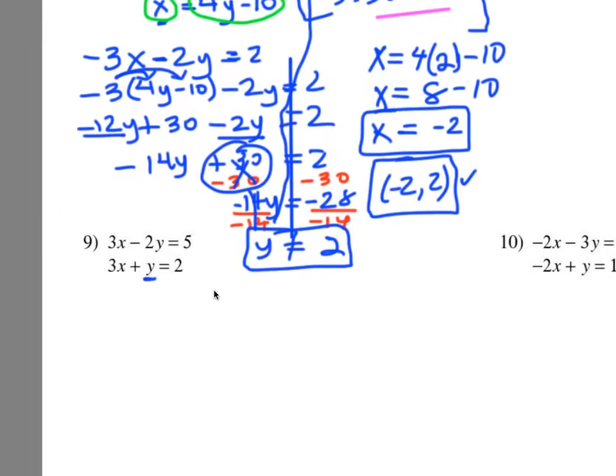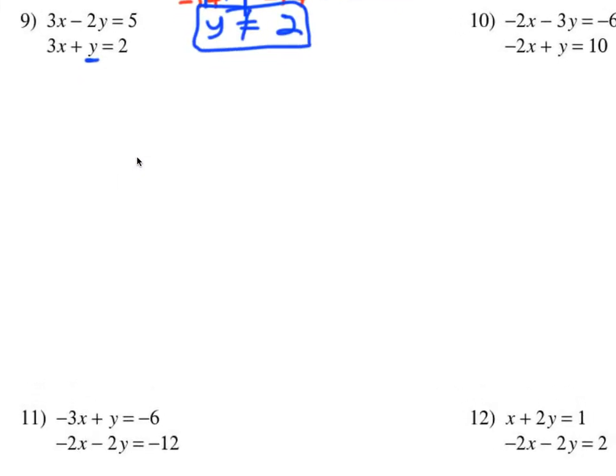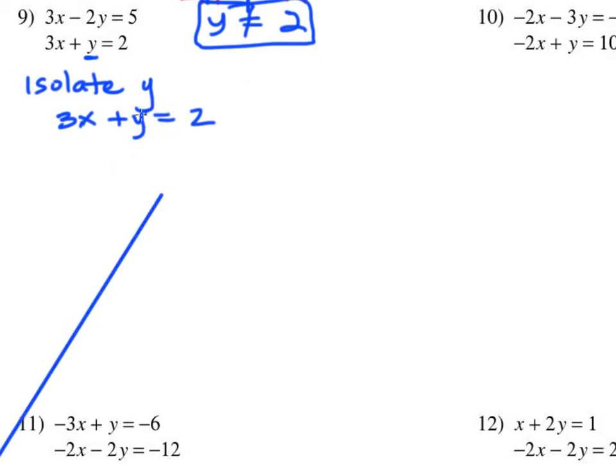So come down here with me, number 9. All right. So let's isolate y. So let's rewrite this. 3x plus y equals 2. All right, so how do I get y to be by itself?